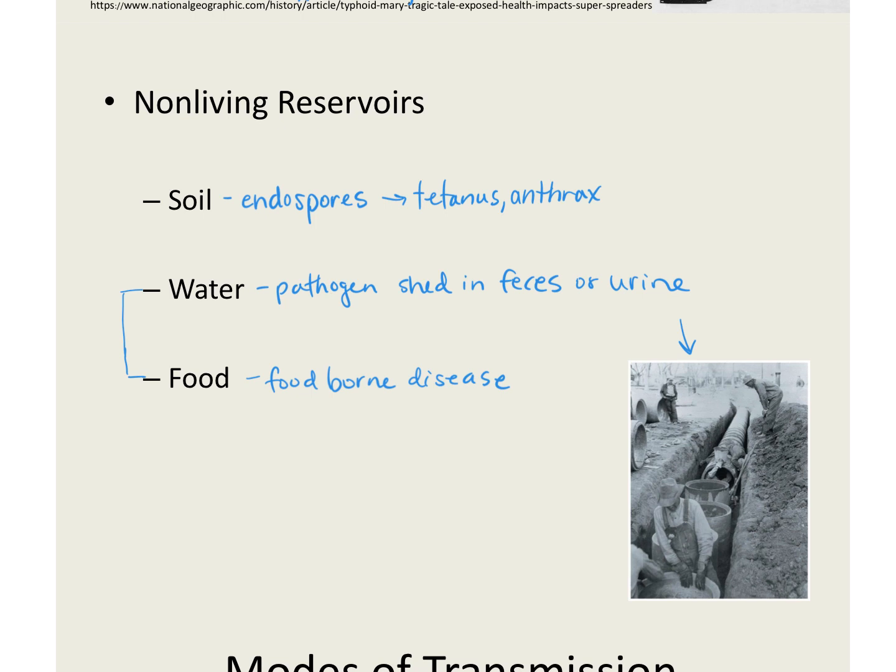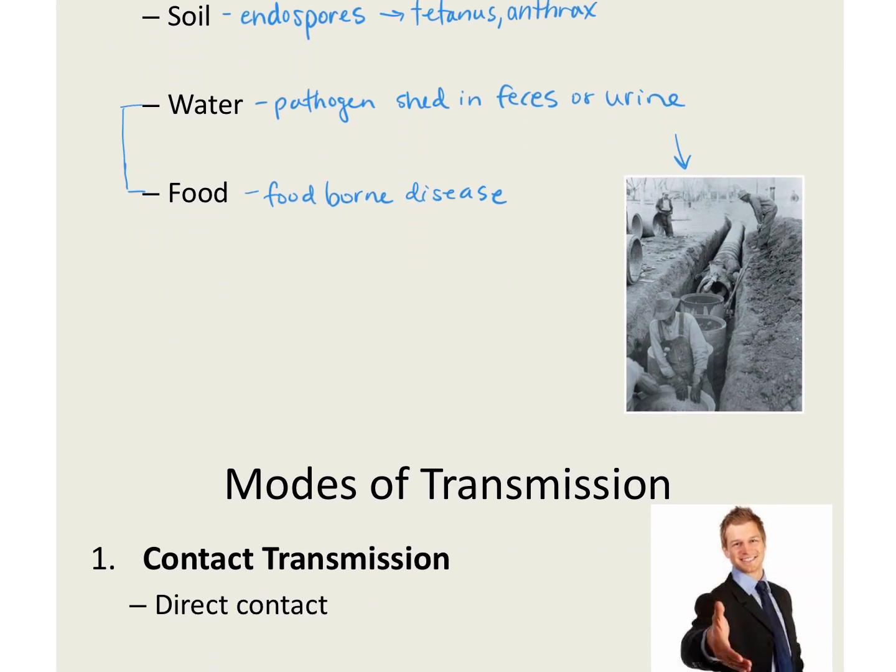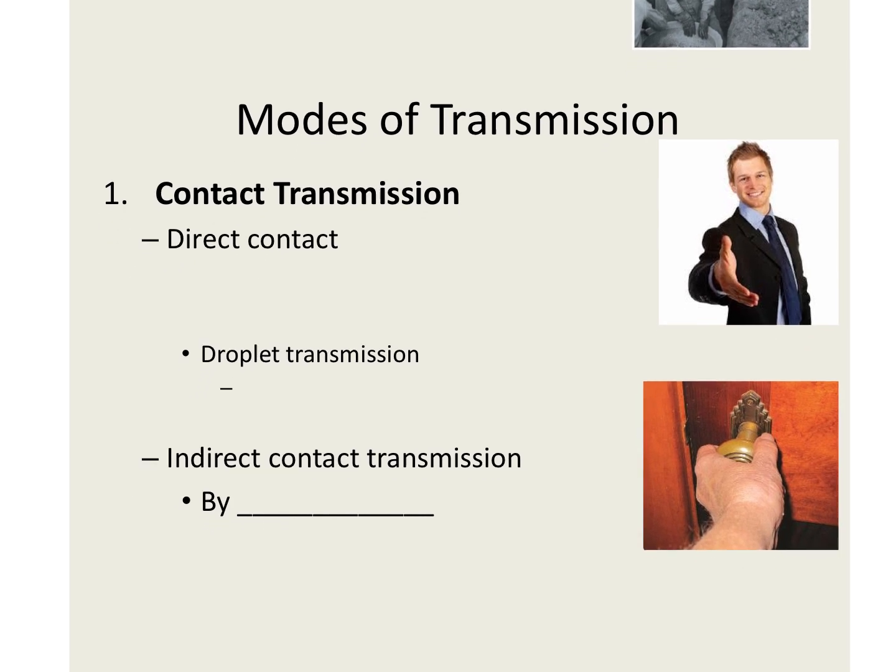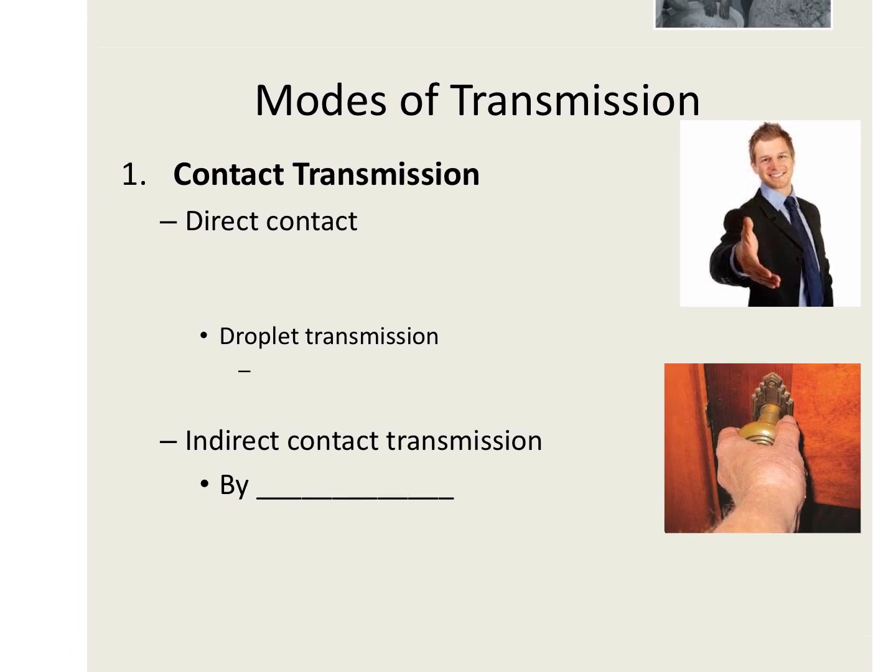All right, so how are pathogens transferred from that reservoir where they're maintained into a new host? We have ways of describing that. We call them modes of transmission. All right, so contact transmission, that's probably by far the most common method of transmission.